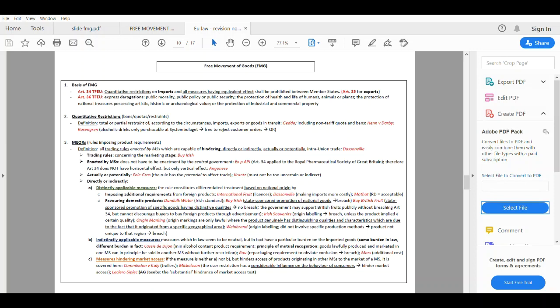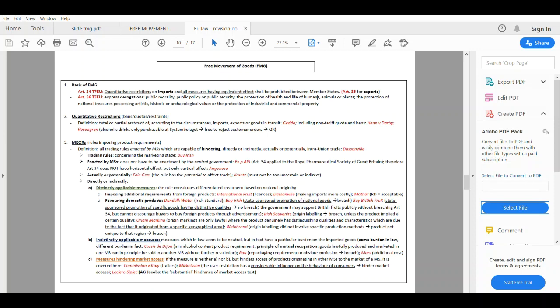But in that case, it was clearly said that it should be qualified as a MEQR, because if an importer wishes to import beers from outside Germany, then what should they do? They have to make it clear that those contents which are prohibited by the German law were not used in the beer, and this will clearly hinder intra-community trade because not all the countries within the EU maintain this kind of restriction.